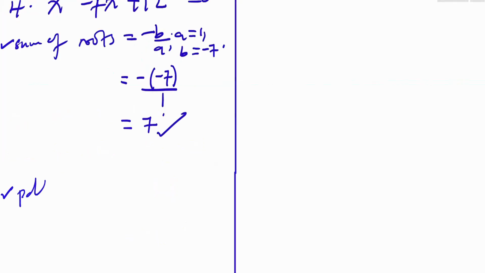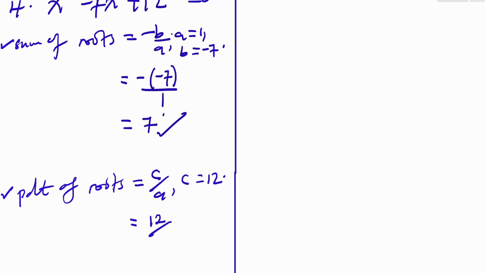Also, our product of roots equals c divided by a. From our quadratic equation, our c equals 12. So as we substitute in, we are going to have 12 divided by our value of a, which is 1, giving us the product as 12.